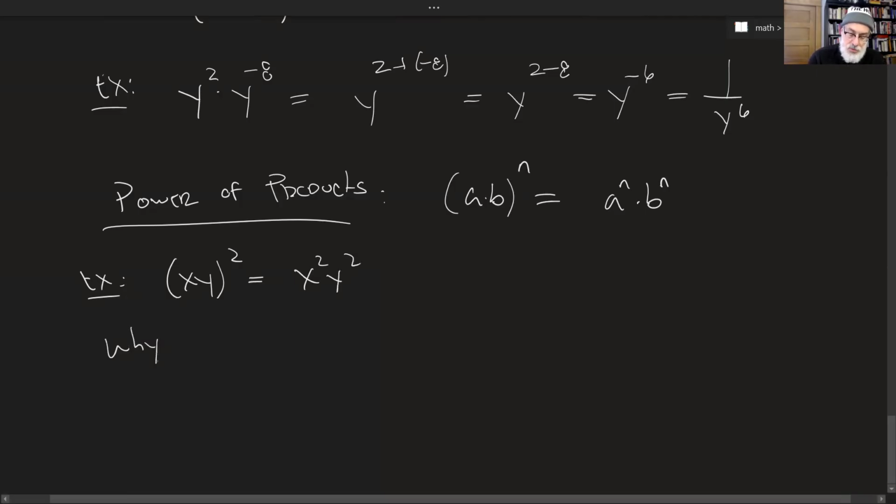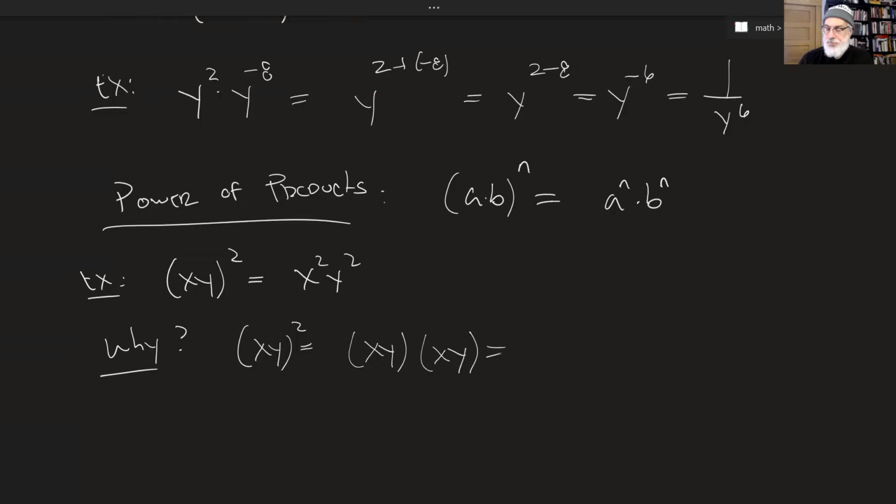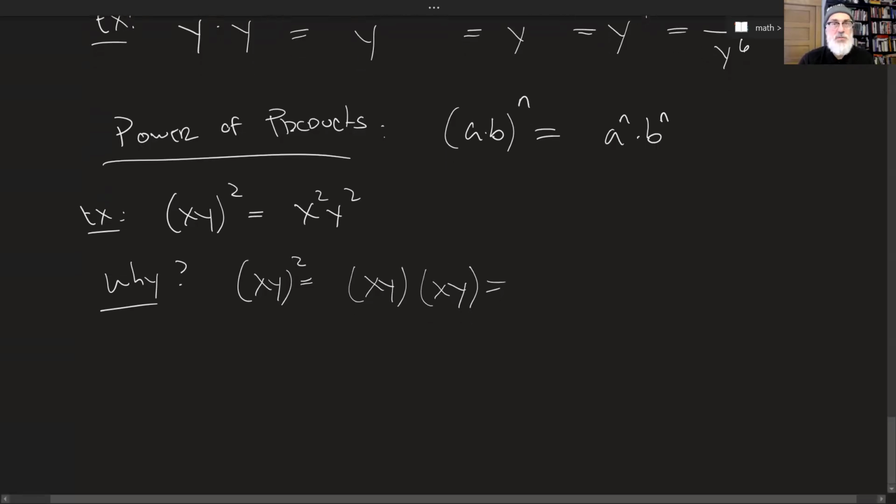So why is this true? Again, let's recall what we're doing when we're squaring stuff. We're multiplying it by itself however many times the power indicates. So in this case, we're multiplying x and y and x and y. Now, in lecture 1, we talked about some of the properties of real numbers. We know that it's associative and distributive. So I can get rid of these brackets and write it this way. That's the associative property.